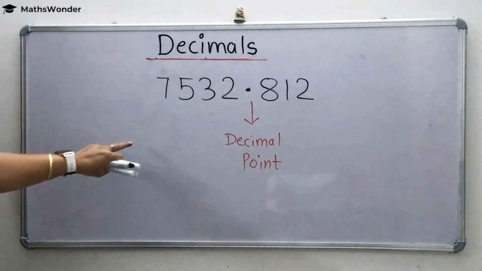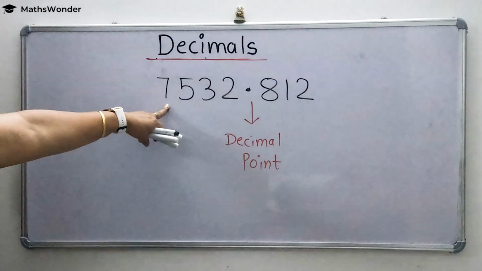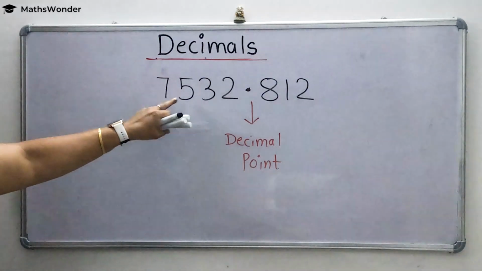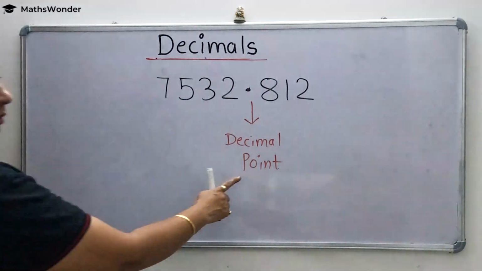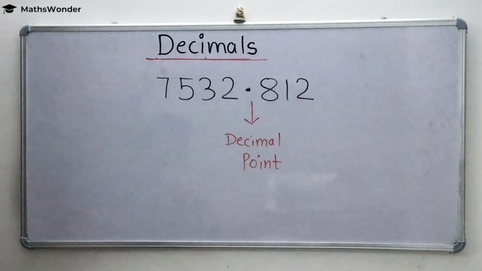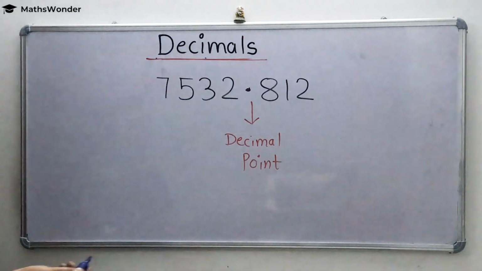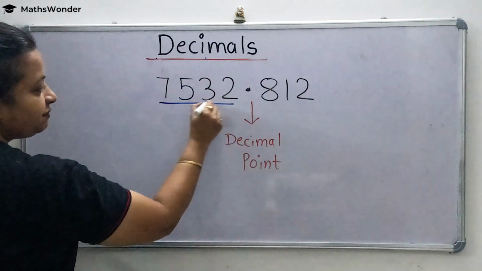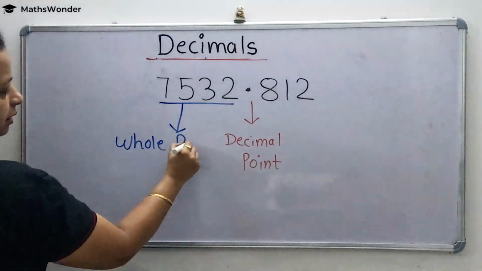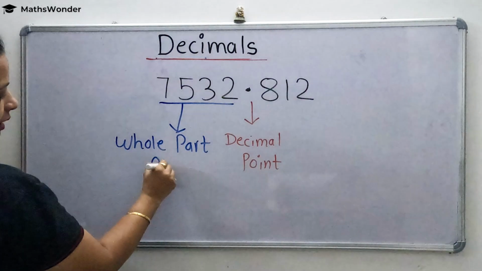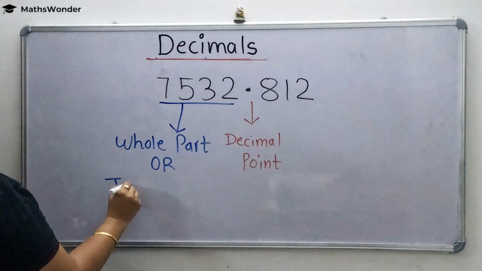A decimal number consists of a whole number part and the decimal part, separated by a decimal point. The number before the decimal point is called the integral part or whole part. What do you call it? A whole part or integral part.